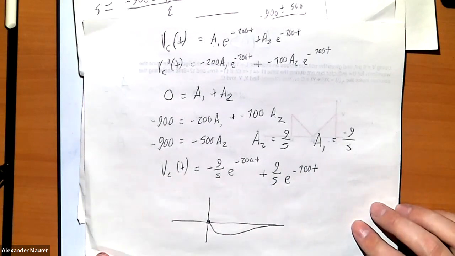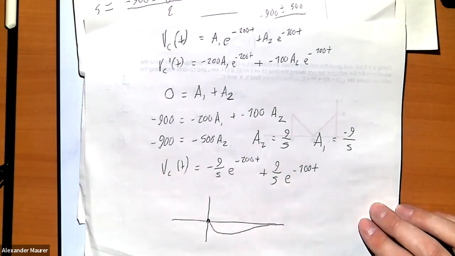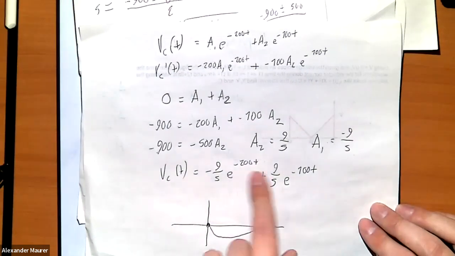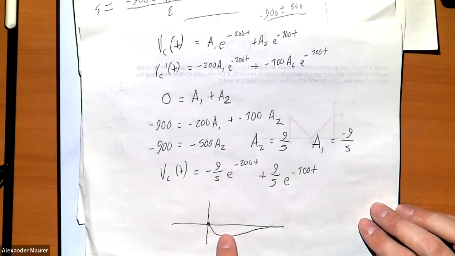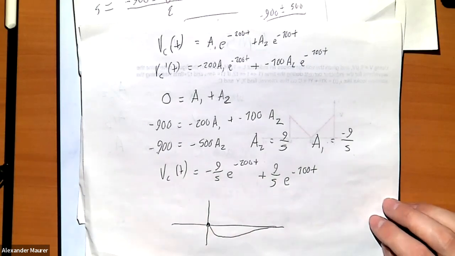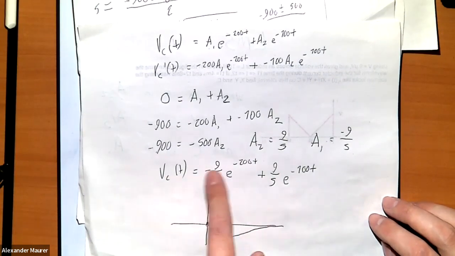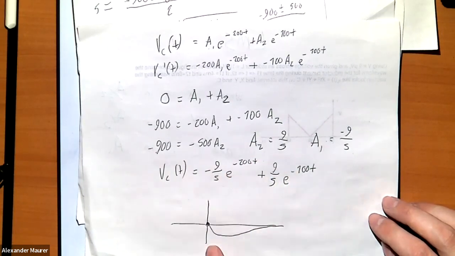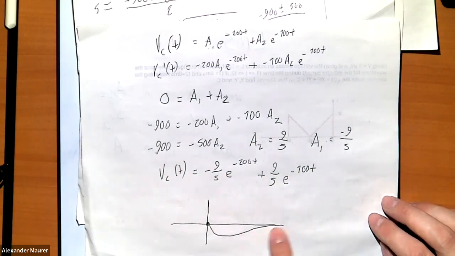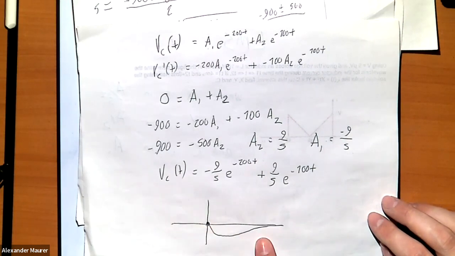You can take the derivative of this and set it equal to 0 to find the minimum location. Whatever you want to do, but it looks something like this. I don't know how large it is. You can find the minimum, plug it in, and see what the value is. But it's going to be less than a volt.